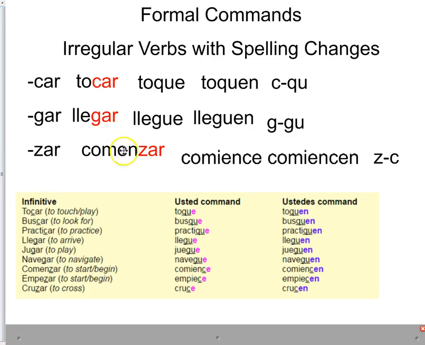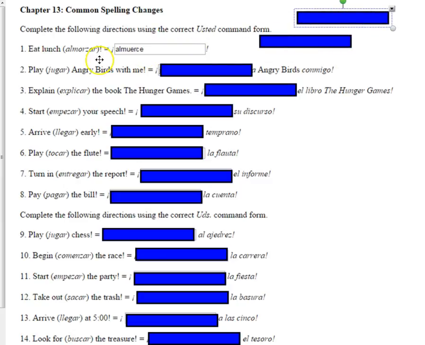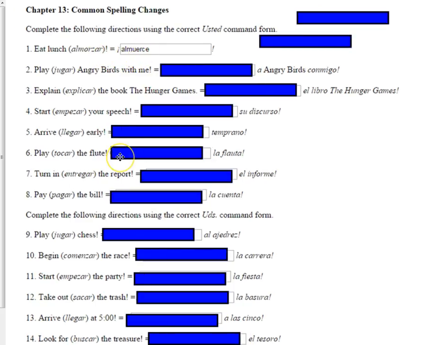And it said over here that for a zar verb, we're going to change the Z to a C. So if we go back and look at this, it should look like this. Let me take off the infinitive ending here. So it should be "almuerce." And the reason why this O changed to UE, by the way, is that it's an O to UE stem changing verb. So that also happened, but then the ending part is the most important, that it ended in CE.